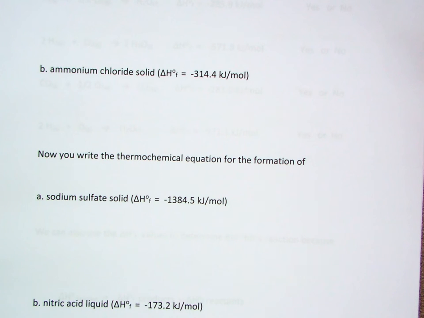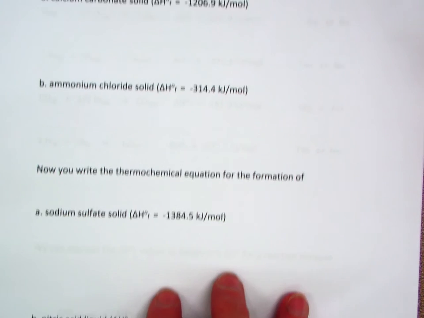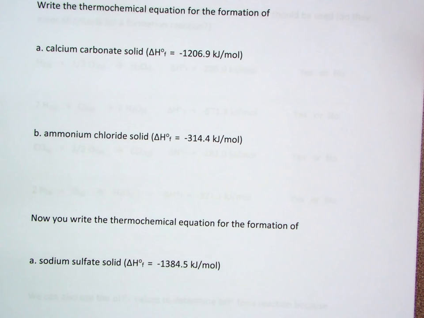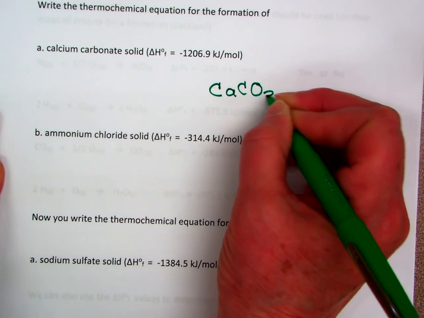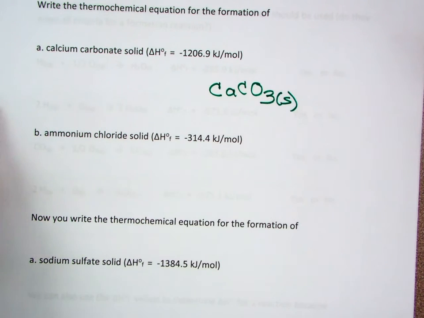So now we're ready to write these equations for the thermochemical formation of calcium carbonate solid. The way I think it works best is to start off by looking at this and say, okay, I need 1 mole of calcium carbonate. So I start with the calcium carbonate solid on the right-hand side.